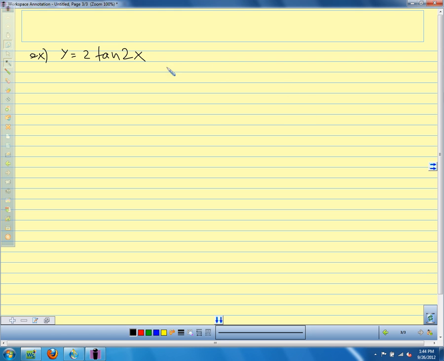So for this function, a equals 2 and b equals 2. So this tells us that our period is pi over 2. Period is pi over b, so the period of this function is pi over 2.